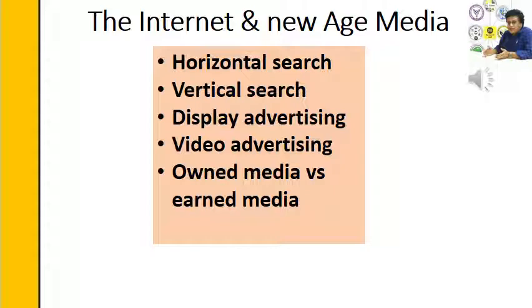When we are typing something in Yahoo or Bing, and especially Google search engines, this is called horizontal search, because the scope of Google or the other search engines is very wide. It cuts across all industries.